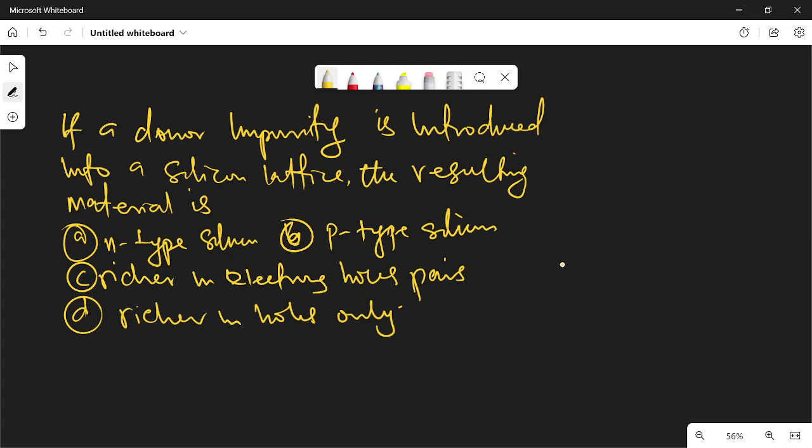So when you add a donor atom to silicon, you are adding pentavalent impurity to silicon, and you get N-type silicon, that is N-type semiconductor. An acceptor atom is a trivalent atom, which gives P-type. Do you understand that now? Yes, sir.